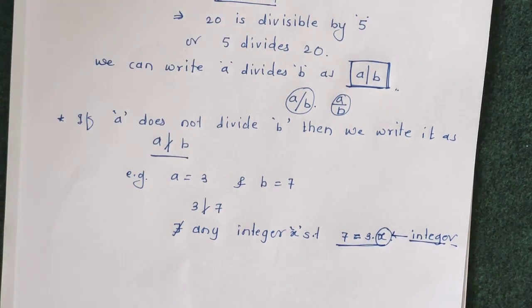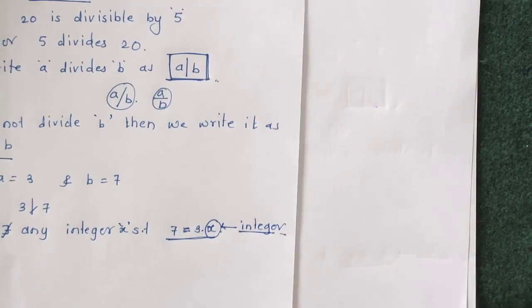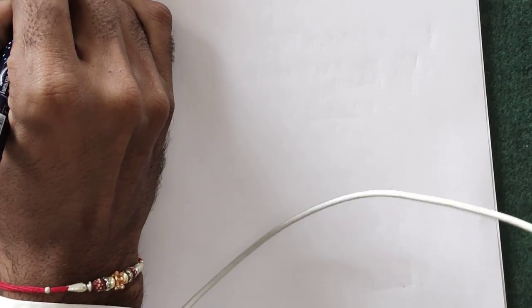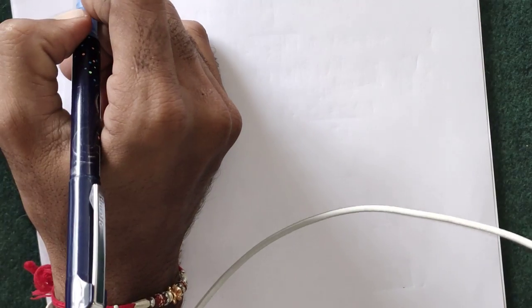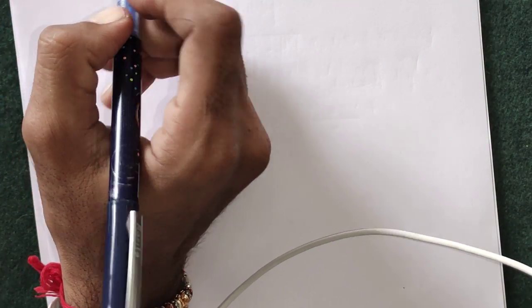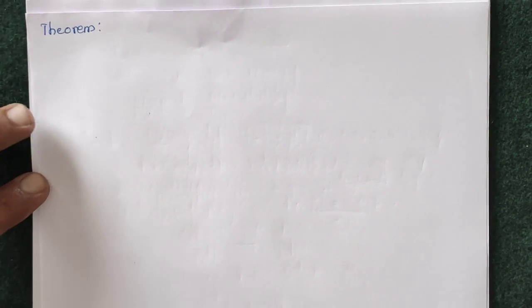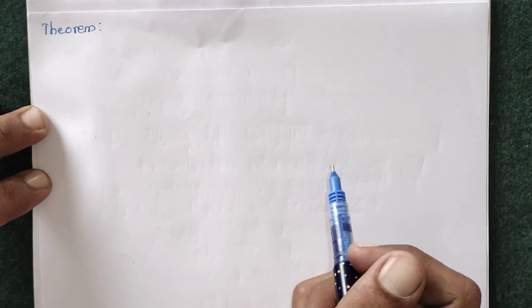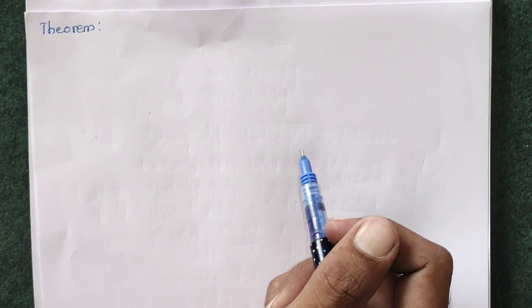So next is the theorem. We are going to discuss some theorems here. First, write down the statement of the theorem. In this theorem we are going to see 4 or 5 statements.